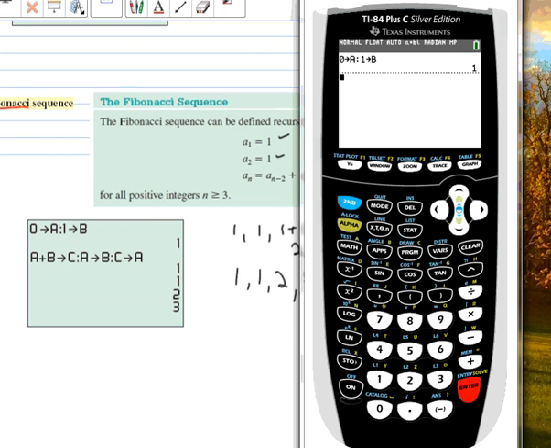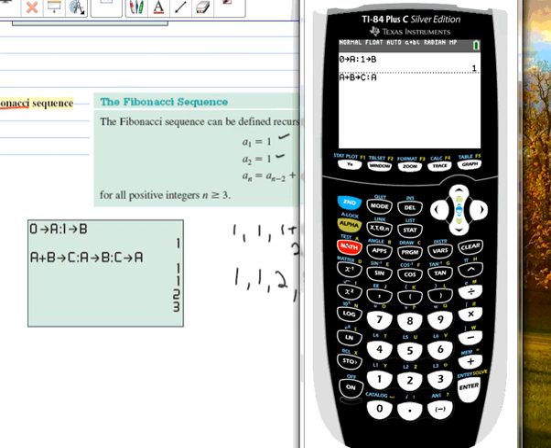Then they say take A plus B and store it as the C value. Alpha A plus alpha B, store it alpha C, colon, we're going to do something at the same time. Alpha colon. Take A and store it as the B value.